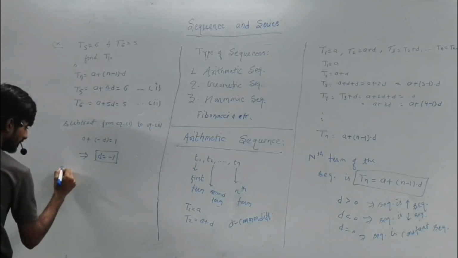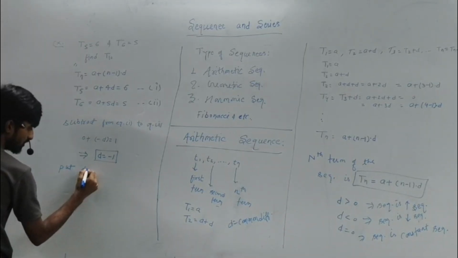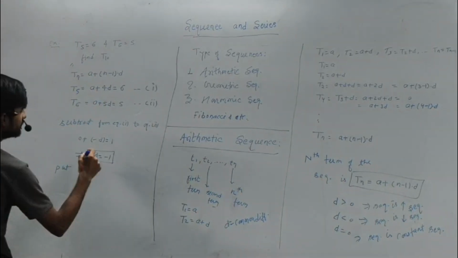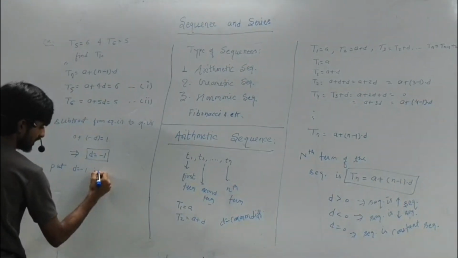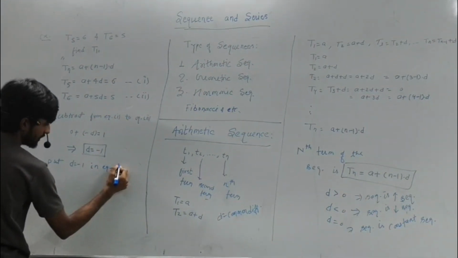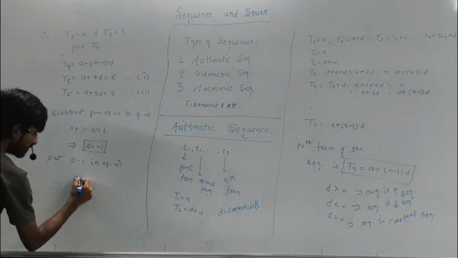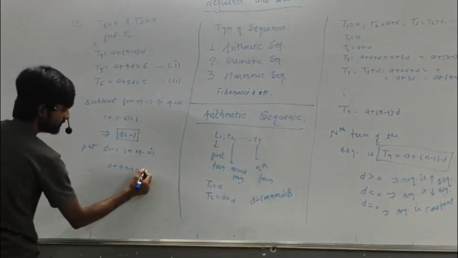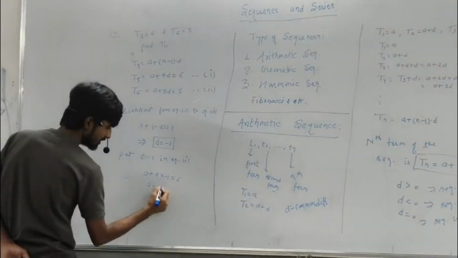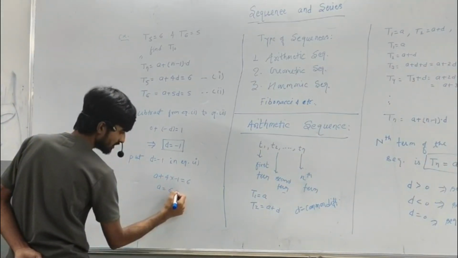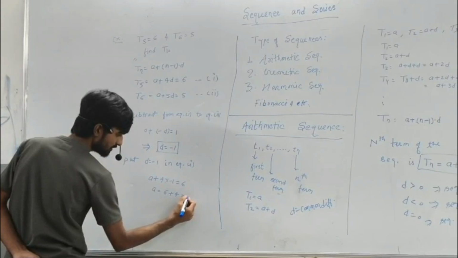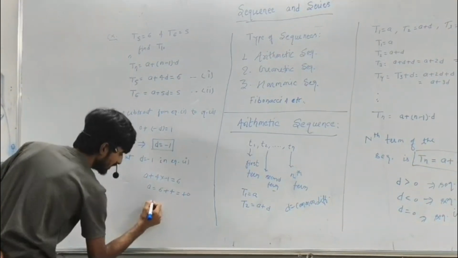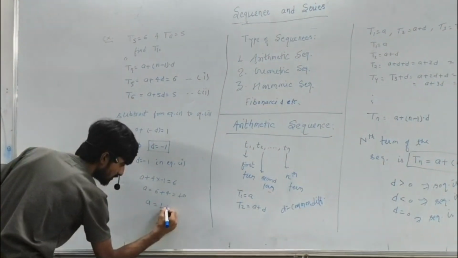Now, put D is equal to minus 1 in any equation. I am putting it in the first equation. In equation first, A plus 4D, that is minus 4, is equal to 6. A is 6 plus 4, so A is equal to 10. Here we are getting A is equal to 10.